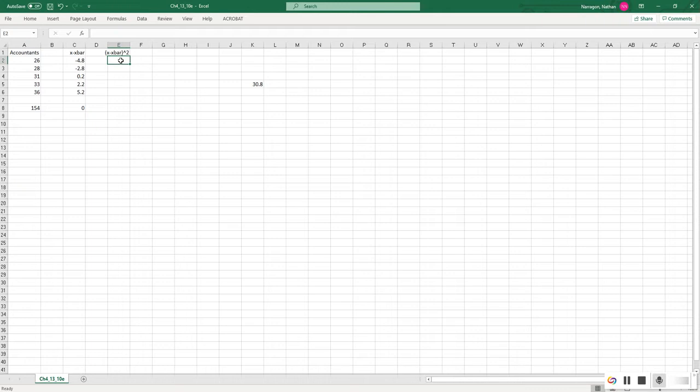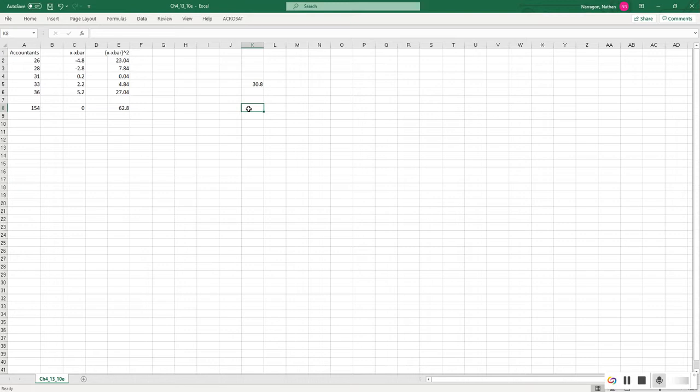Okay, so it's equal that times itself all the way down. Formulas, auto sum, which comes out to 62.8.